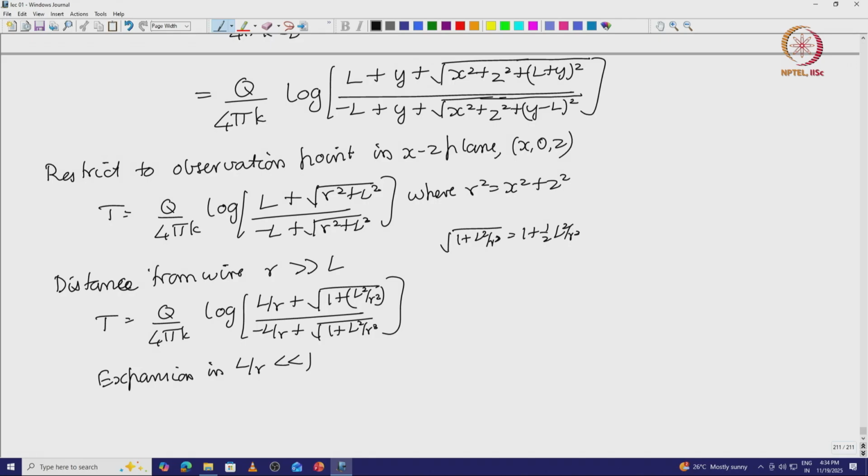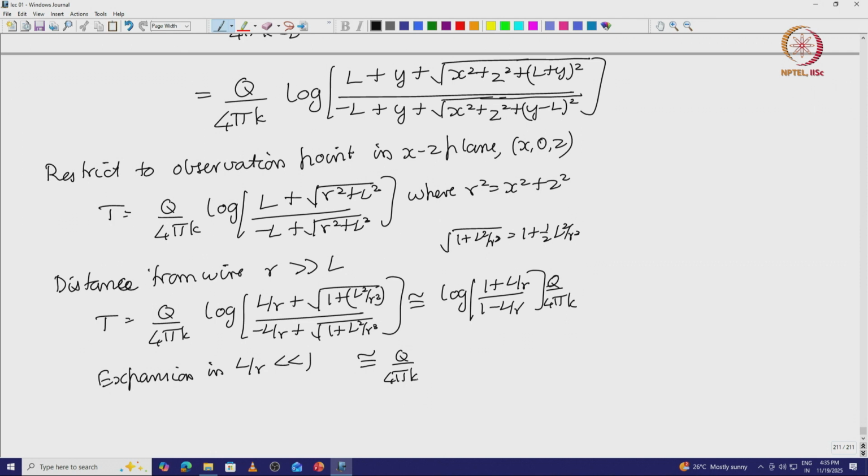So, this will be equivalent to log of (1 plus L by r) by (1 minus L by r), into q by 4 pi k.